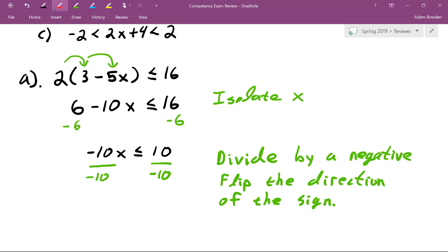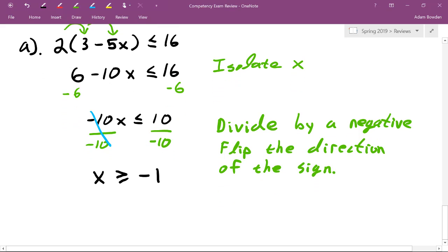So once we divide by negative 10, we have x greater than or equal to 10 divided by negative 10, which is negative 1. That's the thing to watch out for when dividing by a negative. We have to flip the direction of that sign. And so that's now our solution: x greater than or equal to negative 1.